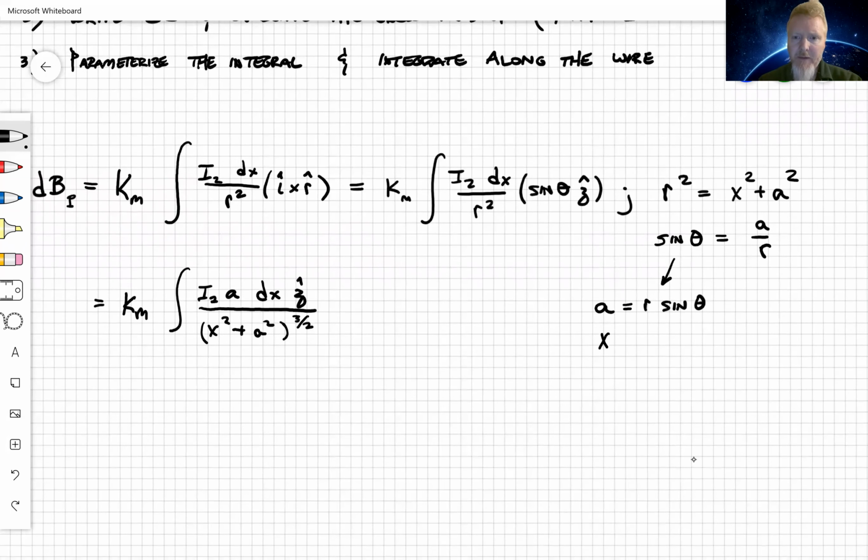So if X is the negative of A cotangent theta, then dx is going to be, let's see, the d of cosecant squared theta d theta, if I remember the trig identities right.